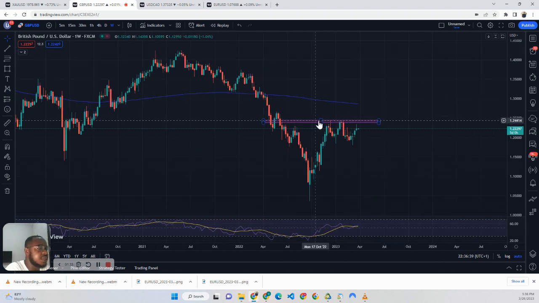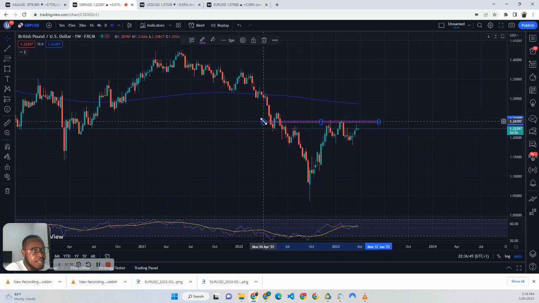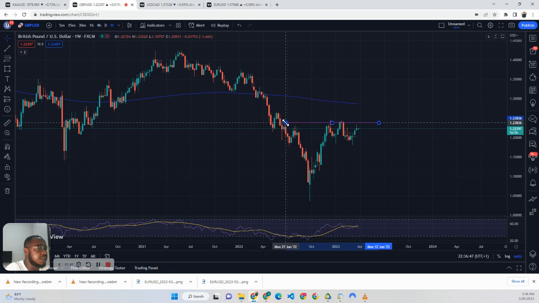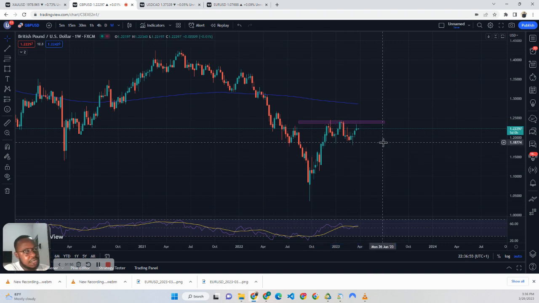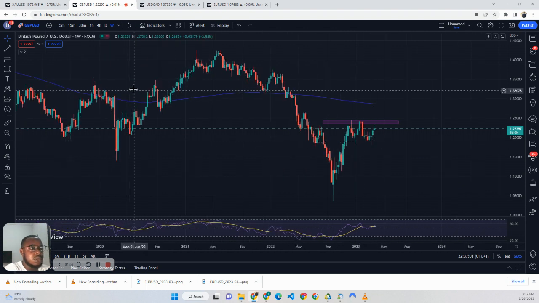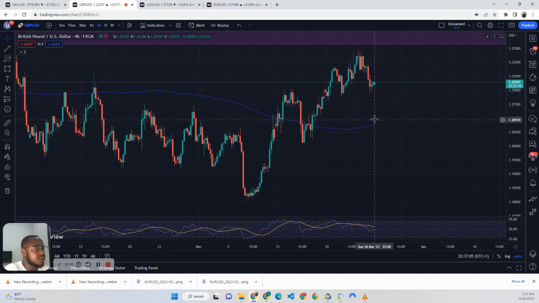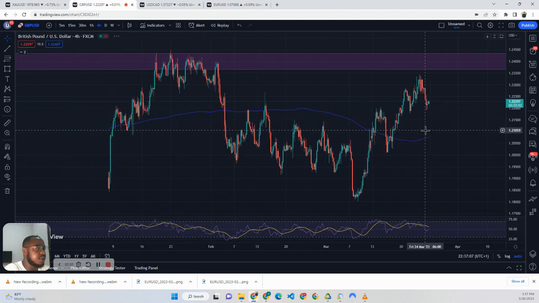Having identified my key level here, I will now go down to the lower time frame to see what is really happening on the markets. This is the key level I can see on my pounds USD. I will now go down to my 4 hours time frame to check out what is happening there.